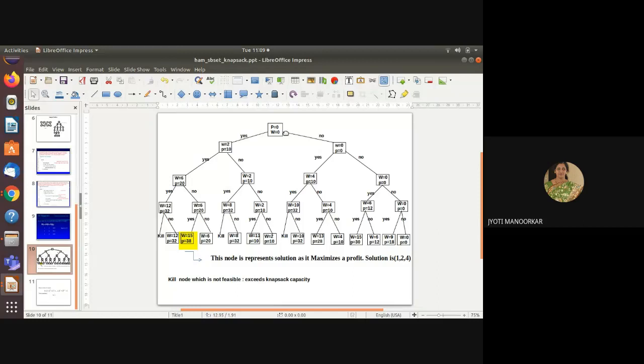In the other case, we are dealing with the first atom, but the first atom is not included, so we are dealing with the right branch of the root node. Yes represents that we are including that atom, and no represents that we are not including that particular atom.